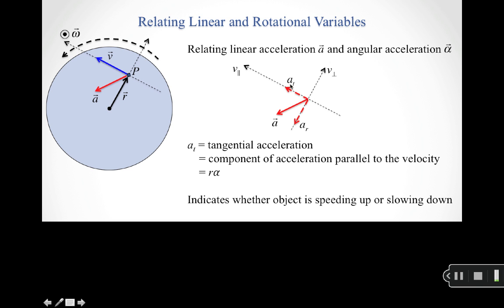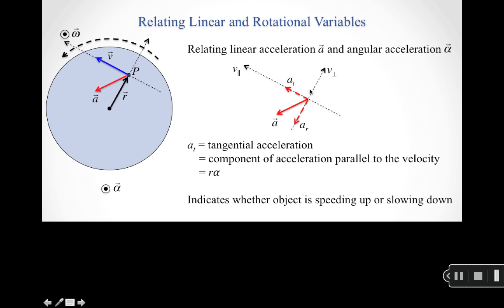So for this particular example here, notice that the tangential acceleration points in the same direction as the velocity. That means my object is going to be speeding up. Well, the way it speeds up is by spinning faster. And for it to spin faster, that means that the angular acceleration has to point in the same direction as the angular velocity.